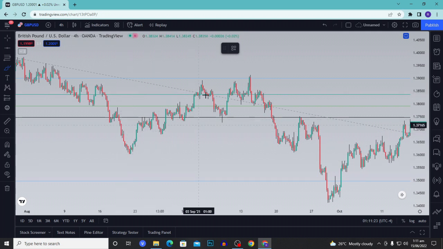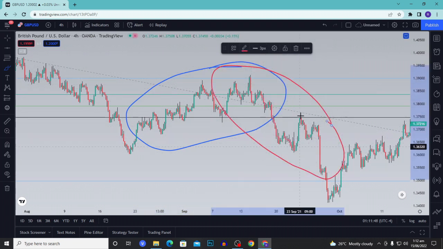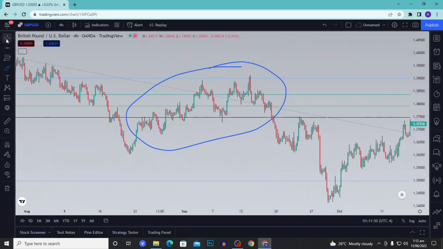If price is retracing back, we expect price to be forming higher highs and higher lows, since it's in a downtrend. And the way we get our entry is we wait for price to change structure from going up in an uptrend, right here, to going down in a downtrend. That's what we look for.